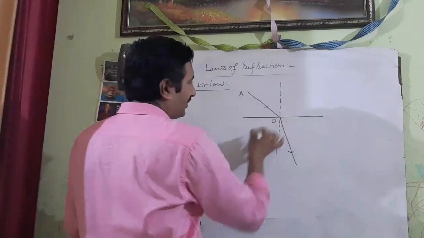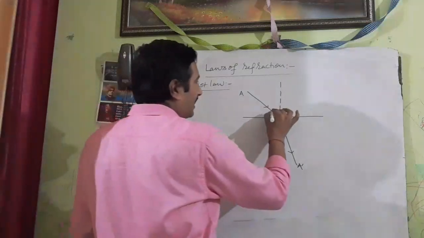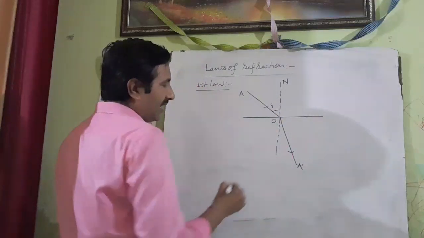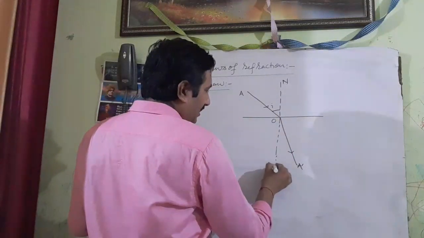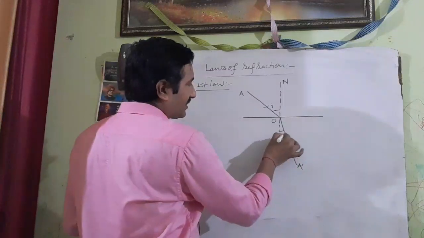AO is the incident ray, OA dash is the refracted ray. This is the angle of incidence I, angle AON, and angle N dash OA dash is the angle of refraction.